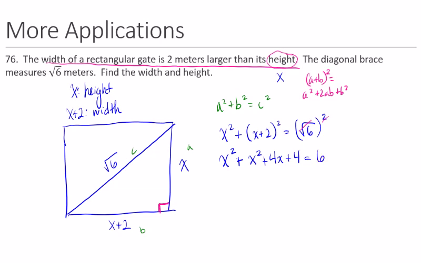All right, so now we can combine like terms. So I have x squared plus x squared, and then I'm also going to subtract 6 from both sides to get one side to be 0. So 2x squared plus 4x minus 2 equals 0, right? So a couple things here. If I want to use a quadratic formula, I can just start right away and do that.